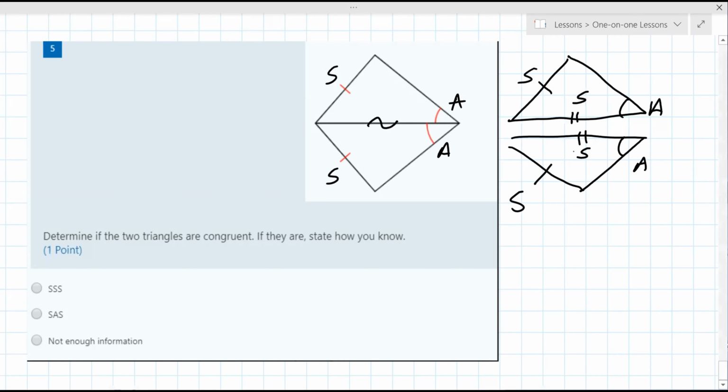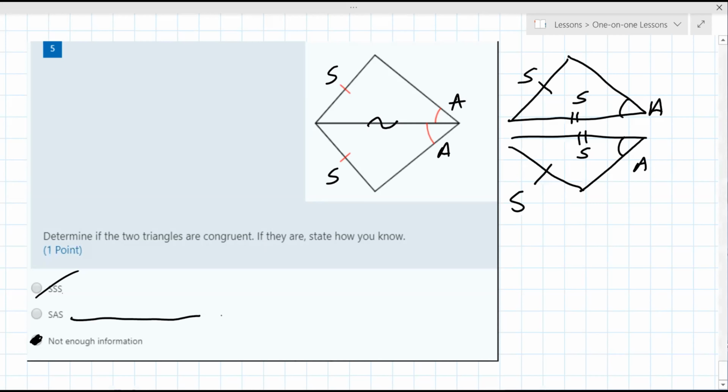Well, it's a side and a side again, and the order is, well, is there another option here? No, it's only three. Yeah, let's go with that one. It's definitely not side side side, and for side angle side you would need another side, but the angle here's okay.